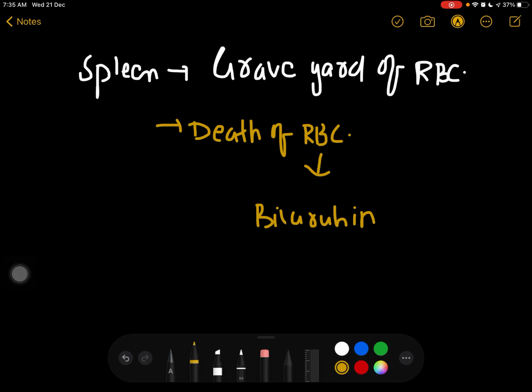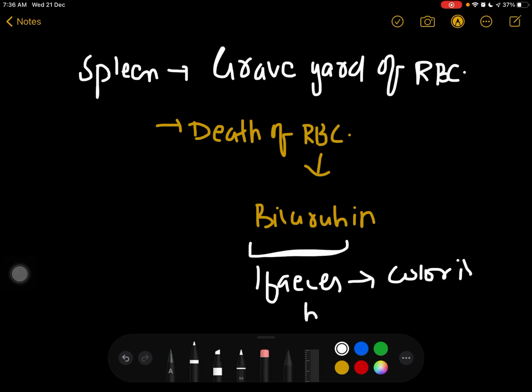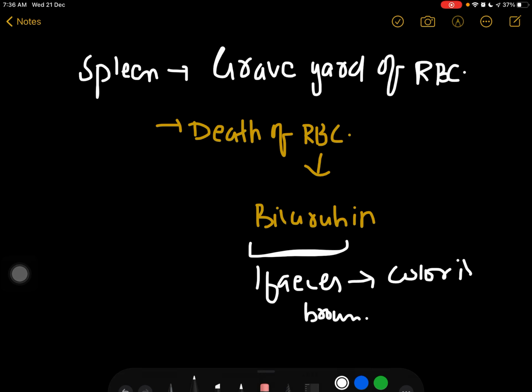Then this bilirubin is transported into liver, and that's why liver contains this bile pigment. And because of the presence of bilirubin, our feces color is brown.